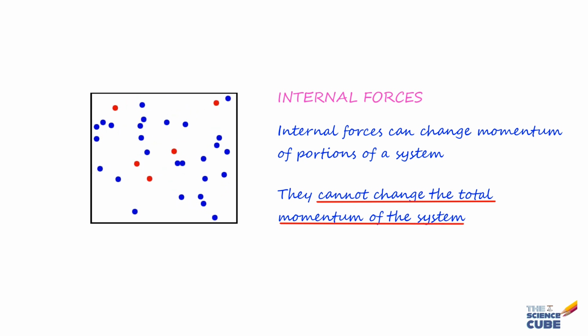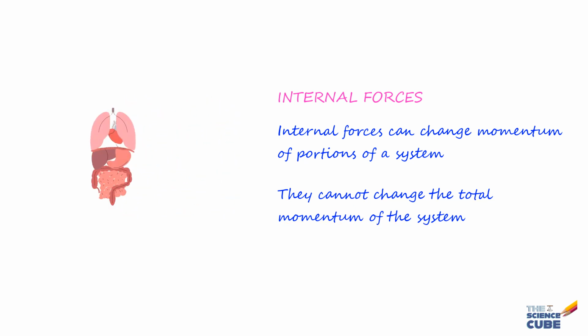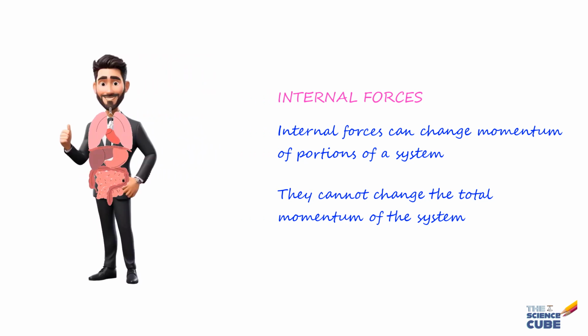As an example, there are a lot of forces acting between the organs of your body, but you see, they do not move you across the room. And the reason for this is that all internal forces come in Newton's third law pairs. That is, for every force, there will be an equal and opposite force, and the two will cancel each other, thus making the net force 0.